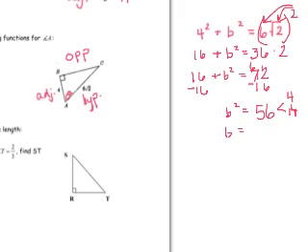So 4 times 14 makes 2 square roots of 14. Okay, so this is 2 square roots of 14.